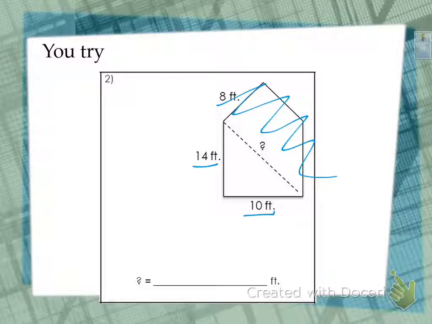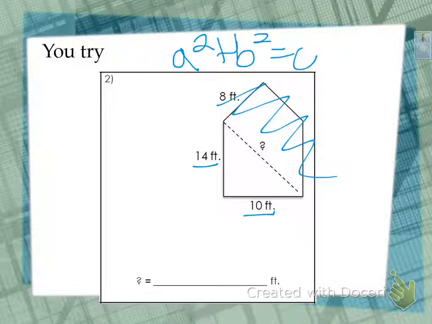So as I look at this, again, I'm thinking of my formula, a squared plus b squared equals c squared.